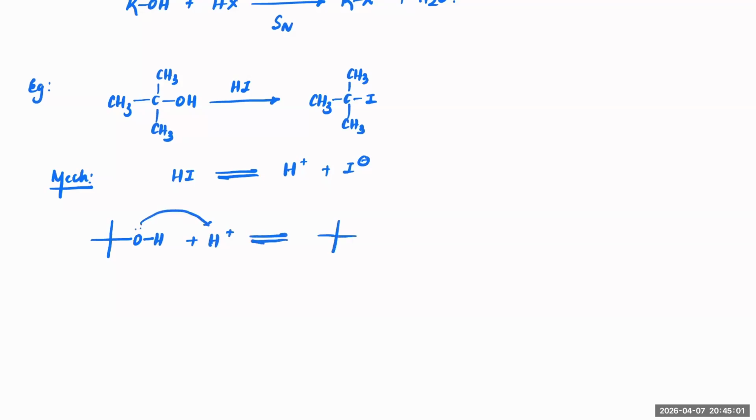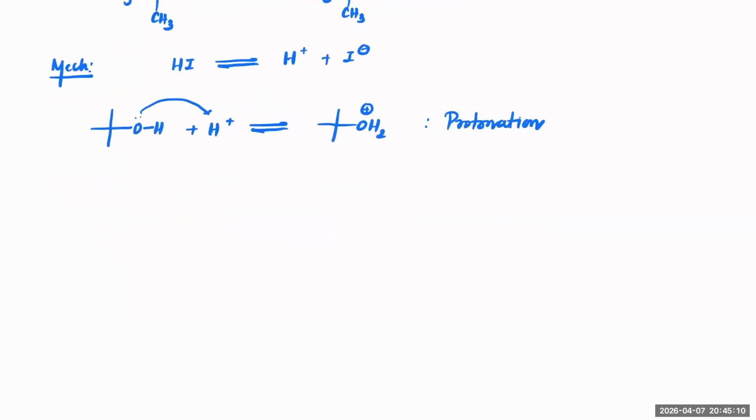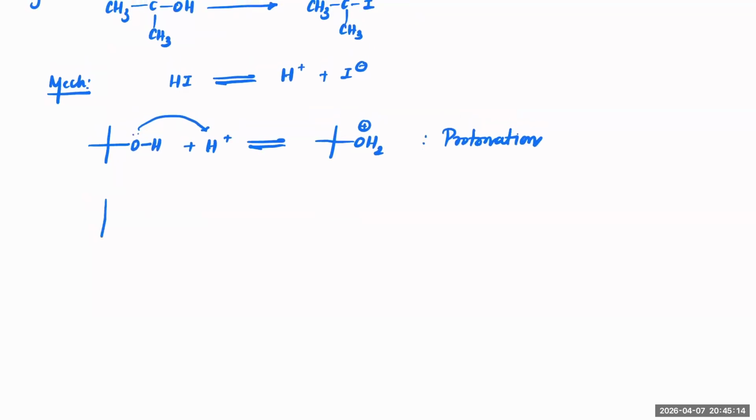It gets protonated. This step is called protonation. Once you get protonation, the second step is that this protonated group will undergo dissociation, that is, water is coming out of it.